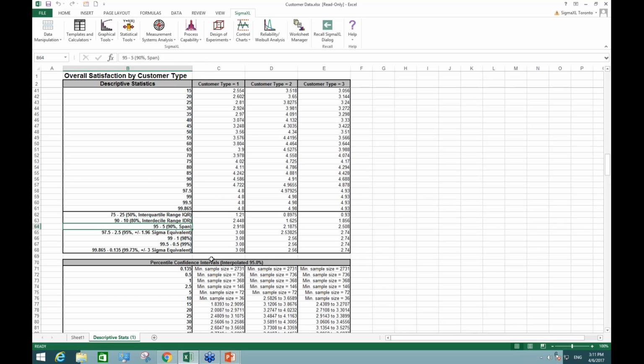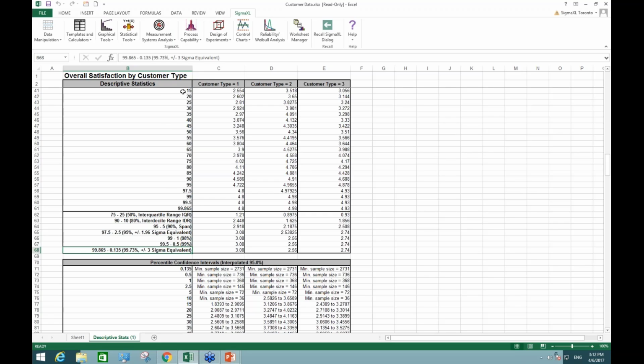What was popular at GE, the span, 95th percentile minus the 5th percentile. And the equivalent of plus or minus 2 standard deviations, 97.5 minus 2.5, 99 minus 1, 99.5 minus 0.5, and the equivalent of 3 sigma, which is the 99.865 minus the 0.135. So these are the percentile ranges.